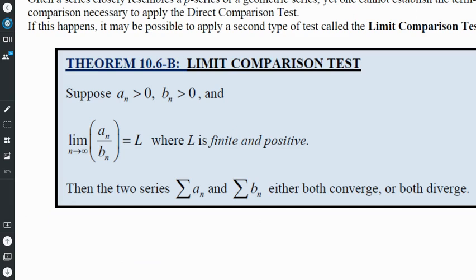But then you're going to find the limit of the original over the comparison. And if your limit equals a constant, then whatever your comparison is, whether it converges or diverges, your series converges or diverges. So let's go back to part B.